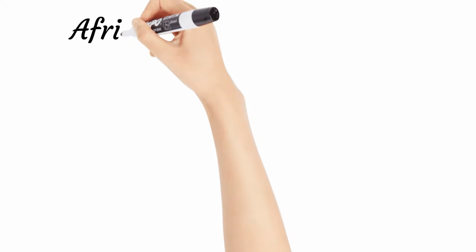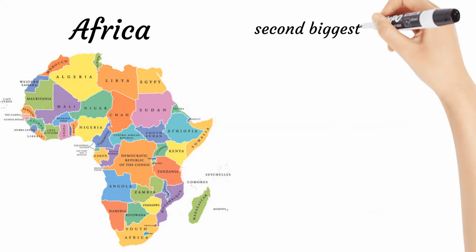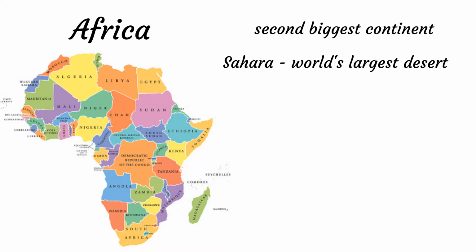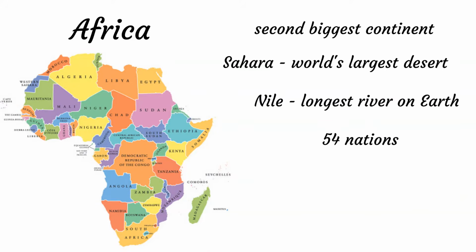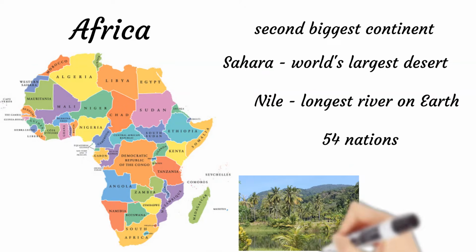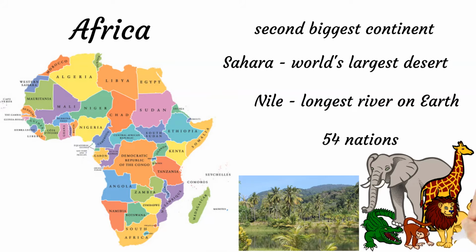Africa, second biggest continent, covers around 22% of the world's land area. Here we can find the Sahara, which is the world's largest desert, and the Nile, which is the longest river on Earth, as well as 54 nations. This continent includes plains, swampy coastal regions, lush tropical forests with savannas and hilly plateaus inland, and also giraffes, elephants and lions.